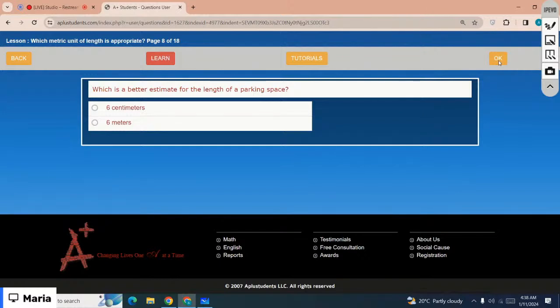The correct option is parking space. It must be a long space. So that would be 6 meters. The correct option is 6 meters.